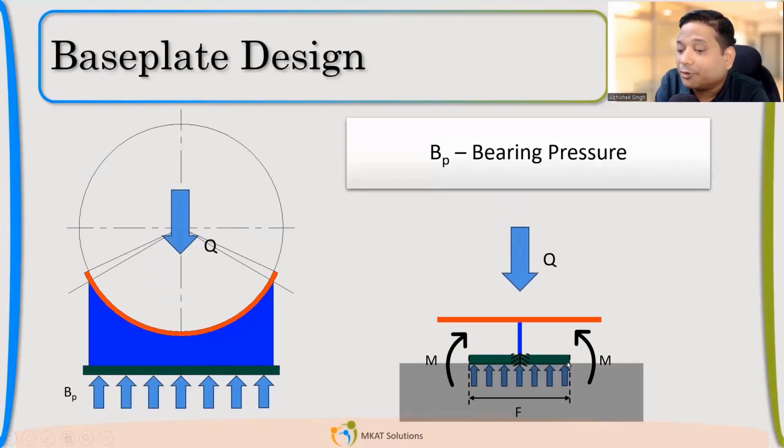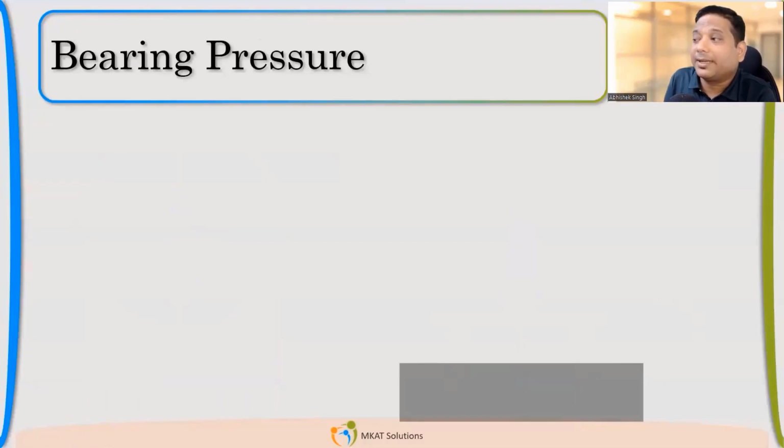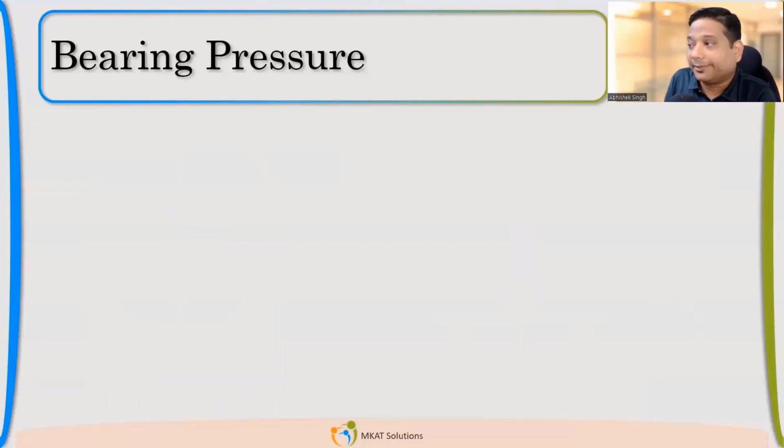At the edges there is a uniform load, so it's like a cantilever fixed at one end with a uniform load coming. In that scenario, definitely bending will happen. If the failure mechanism is clear, the calculation will also be pretty clear.